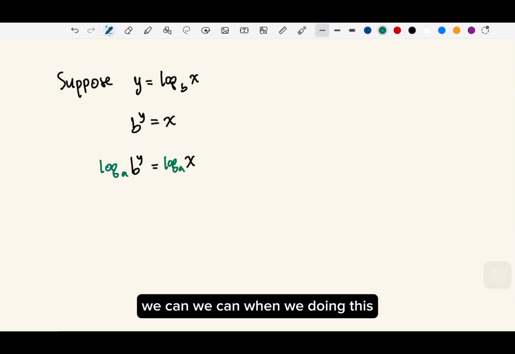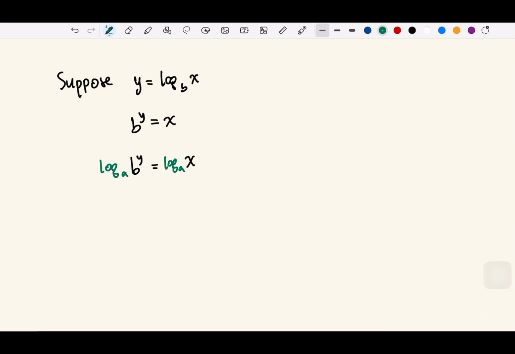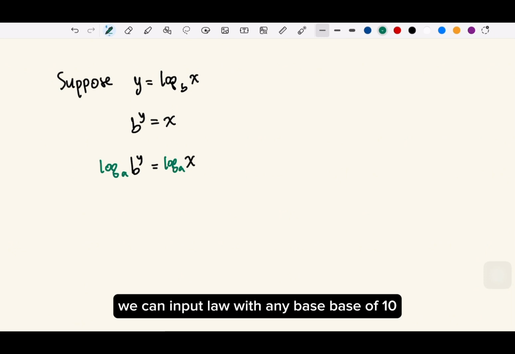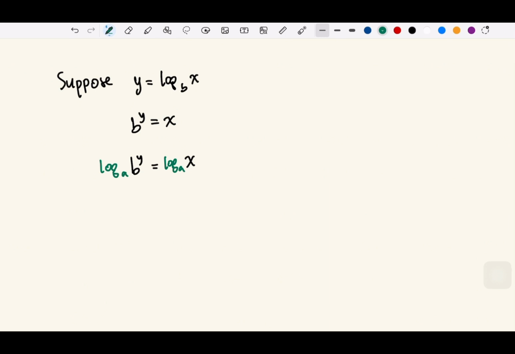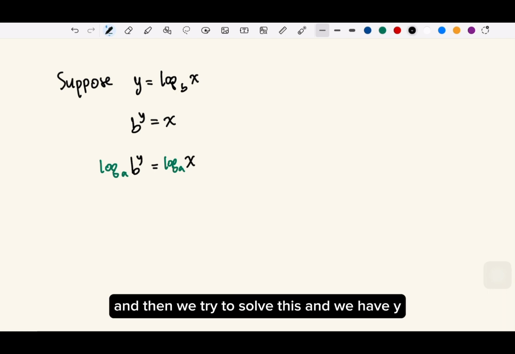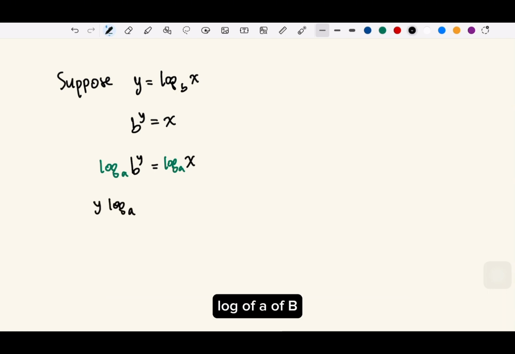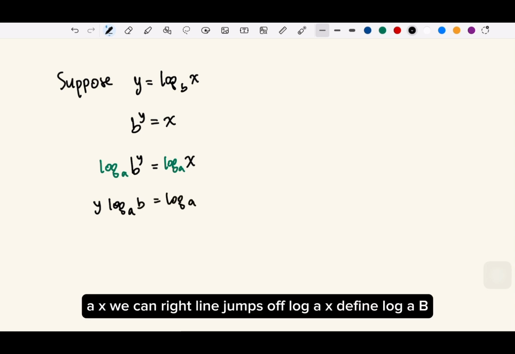When we're doing this, we can use log with any base, 10, 9, 8, any base. Then we try to solve this, and we have y log a of b, and this is equal to log a x. We can write y in terms of log a x divided by log a b.